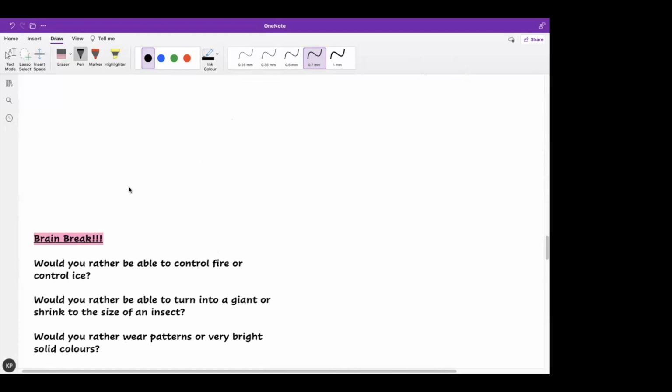Next one, would you rather wear patterns or very bright, solid colors? Terrible patterns head to toe. Imagine, head to toe pattern. You are either stripy or you are something. Very bright colors.